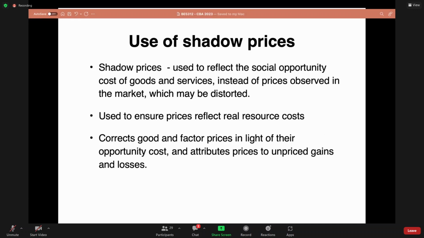You're correcting the observed market price to reflect actual opportunity costs, so that any unpriced gains, losses, external costs and benefits are taken into consideration.